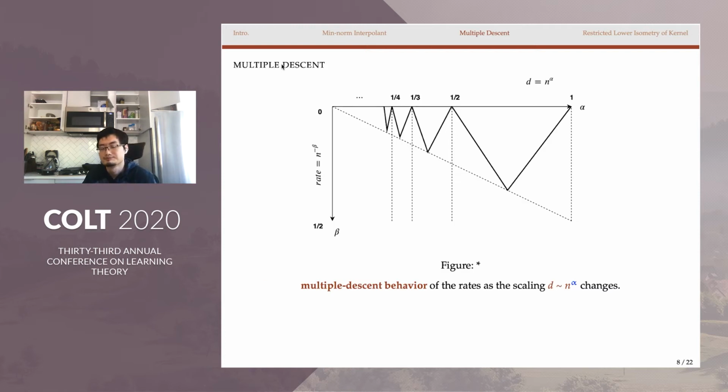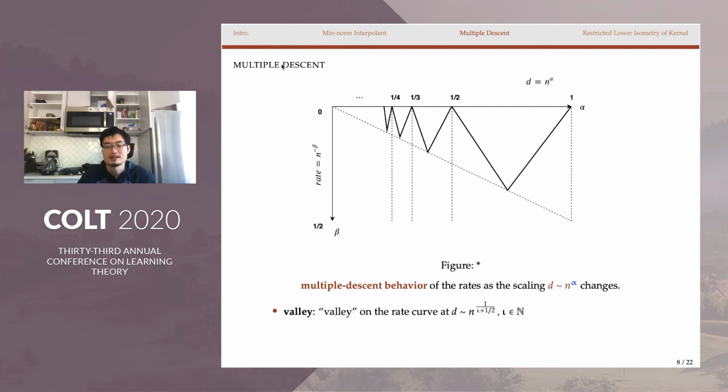So it's a multi-descent behavior. This is kind of surprising because people normally think that the more data we have, the better our result will be. But here, dimensionality increases as the number of data increases. So it's this interplay between the high dimensionality and more data that creates this strange behavior.